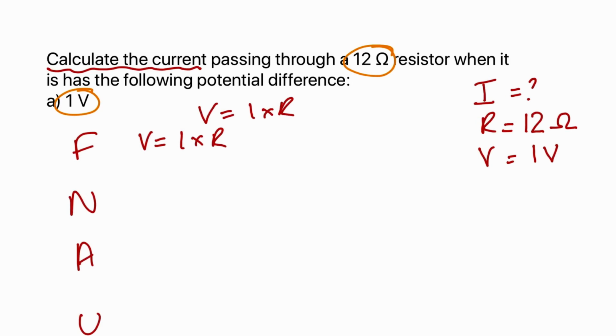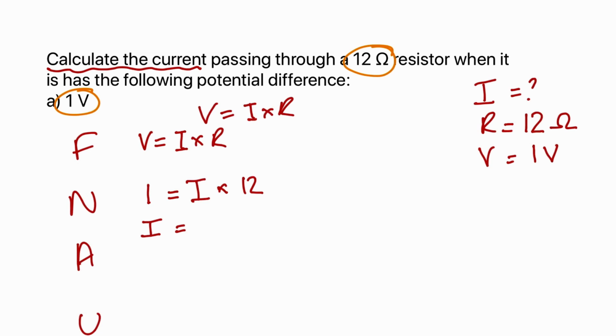So potential difference we know is 1, equals current we don't know. I'm just going to make that a capital I so we can clearly see it. Times resistance, which is 12. Now I'm going to rearrange that to give me the current, as that is the thing that we're trying to work out. So current is going to be equal to the potential difference divided by the resistance.